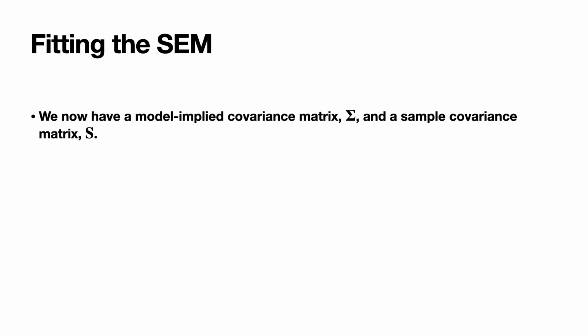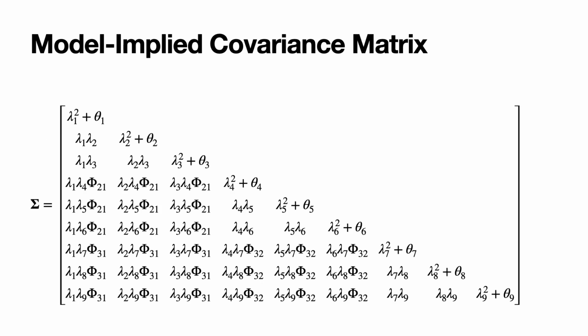And so we now have a model-implied covariance matrix, cap sig, and we have a sample covariance matrix, which we'll denote by S. And so we have our model-implied covariance matrix with the expressions that we derived previously.